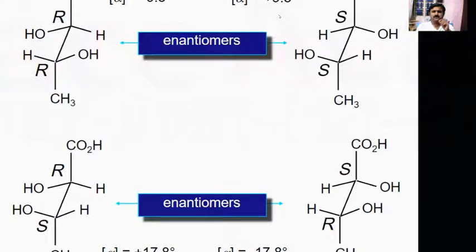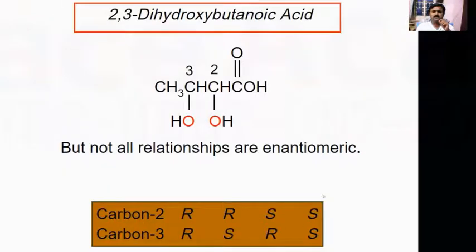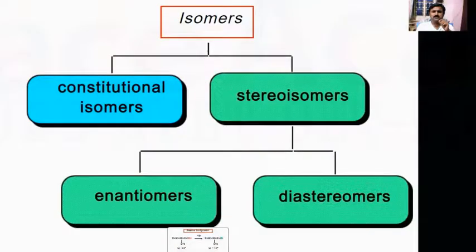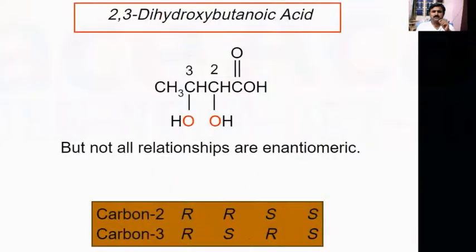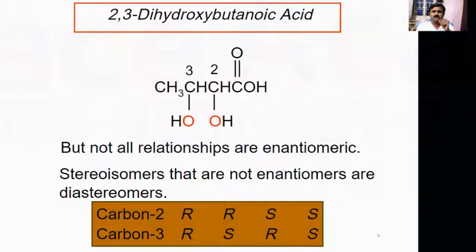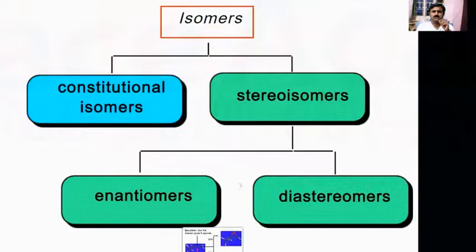On the top right side we have plus 9.5. Rotation is anticlockwise, counterclockwise. Here we have R,S, that is plus 17.8. Dicarboxylic acids.